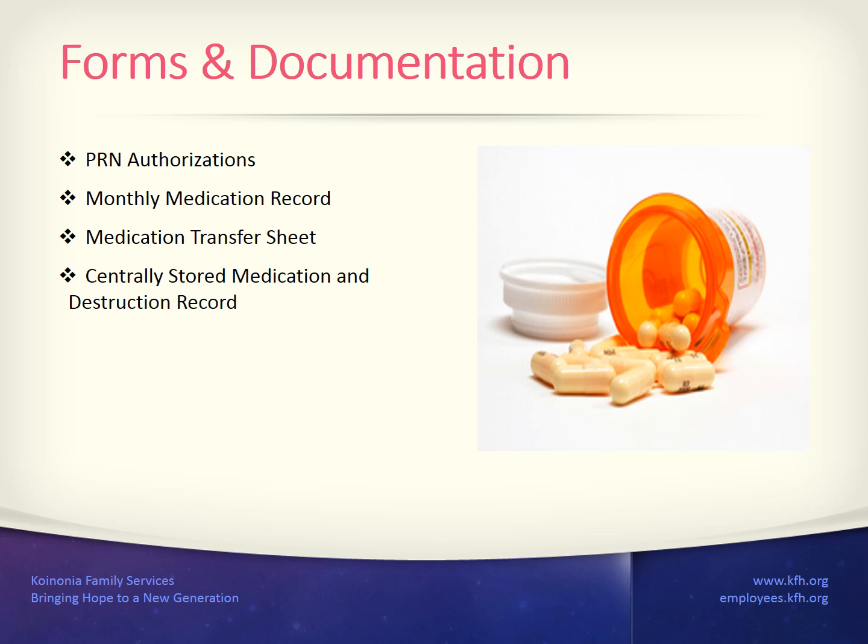These forms include PRN authorization forms, monthly medication records, medication transfer sheets, and centrally stored medication and destruction records. As we go through the next slides, I will present each of these forms and explain the importance of having each section filled out and also an example of each of the forms that will be used.